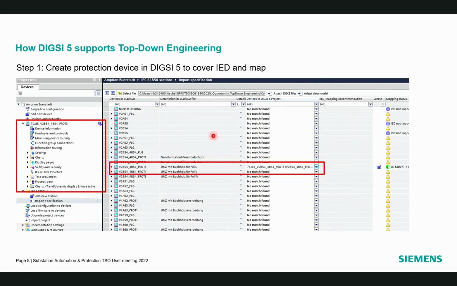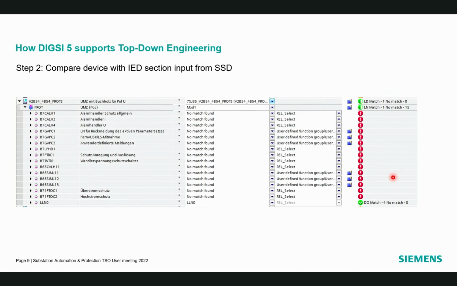Here I have created a device which matches hopefully the requirements here, and I've mapped it here. So, and DIGSI in the first shot gives a partial green symbol, so that means a part of the logical nodes match, other parts may not match, and DIGSI supports now in detail to fill in the gaps here.